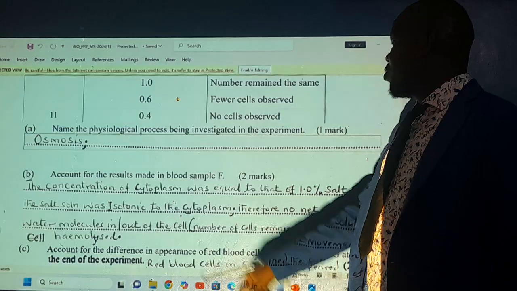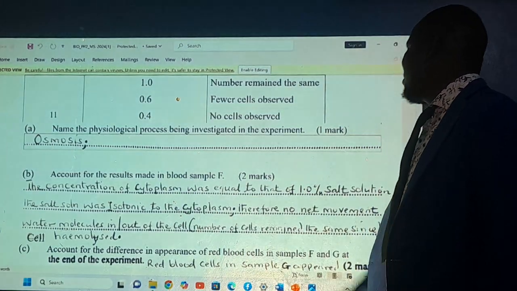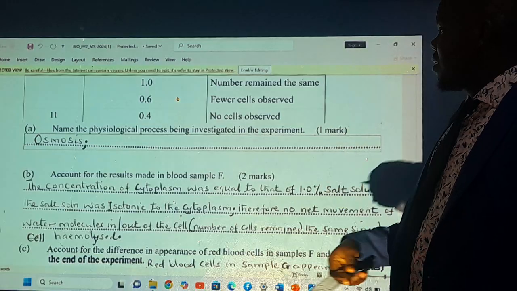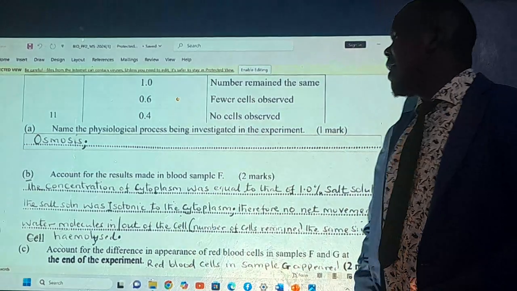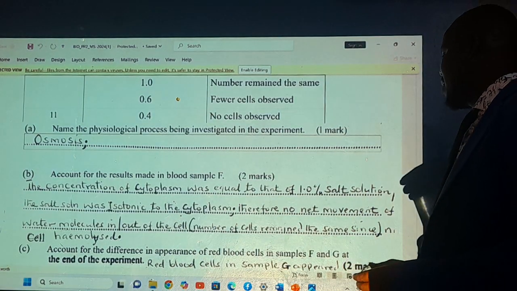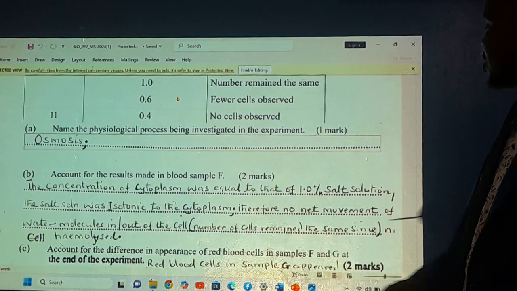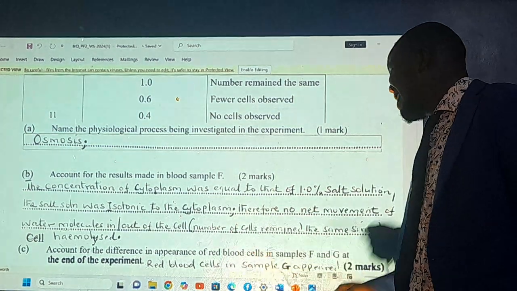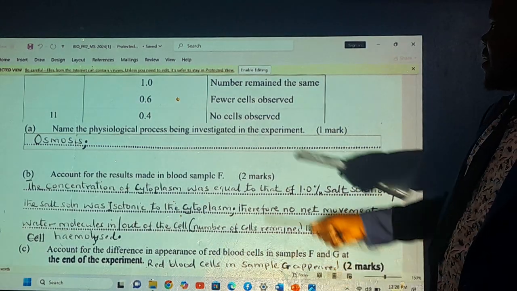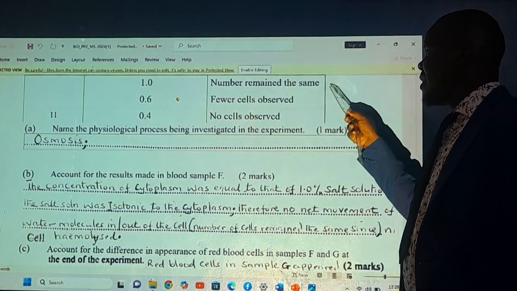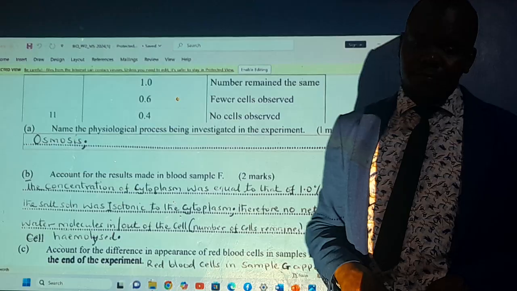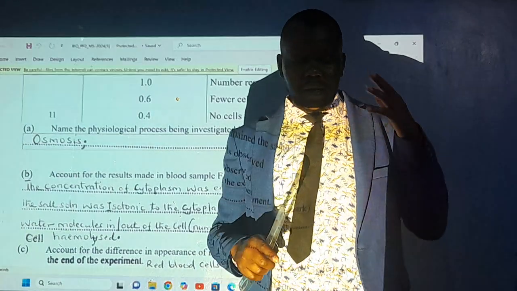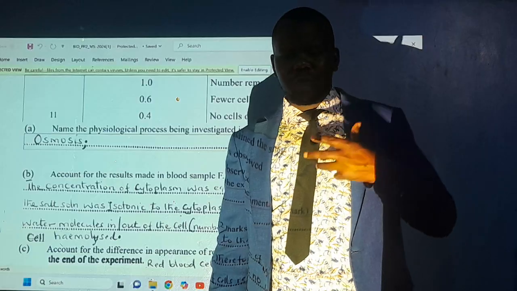The concentration of the red blood cell cytoplasm being equal to the 1.0 salt solution makes it isotonic to the cytoplasm. And because of this, there is no net movement of water molecules in and out of the cell. And this is why the number of the red blood cells remains the same. Hope you understand this language. You are comparing red blood cell cytoplasm to the solution given.